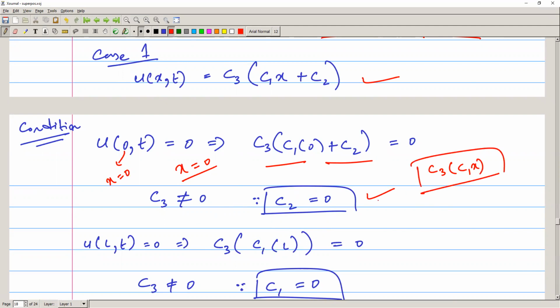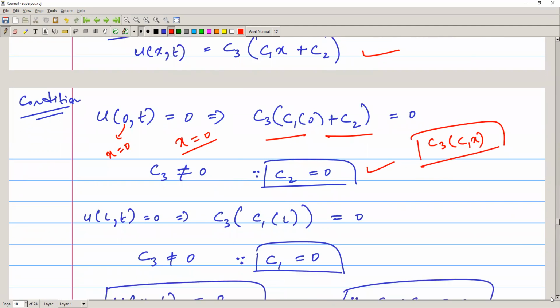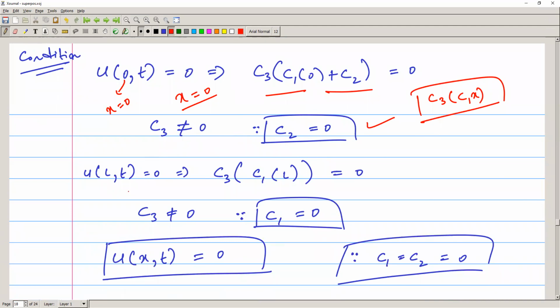Now we will apply the second boundary condition. The second boundary condition is u of L comma t. It means that x is equal to L this time. So we will place L in the place of x. We will plug in L. So C1 times L is equal to 0. Again, C3 cannot be equal to 0. Therefore, C1 is equal to 0.